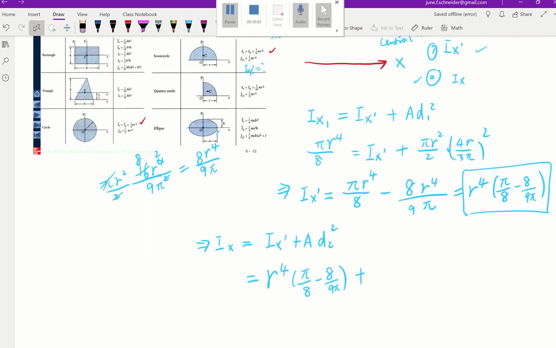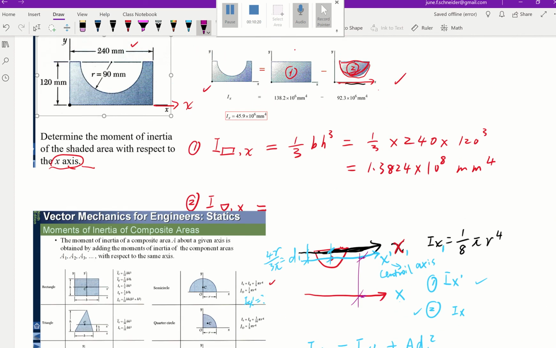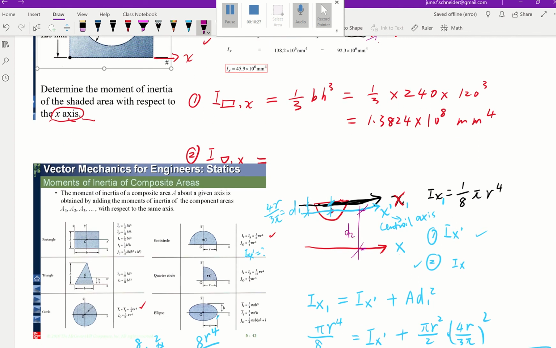Then plus our semicircle area, again πr² over 2. Then this time d2 is going to be from this centroid x prime to this new x-axis where we are solving. Basically from here to here. That's going to be our d2.